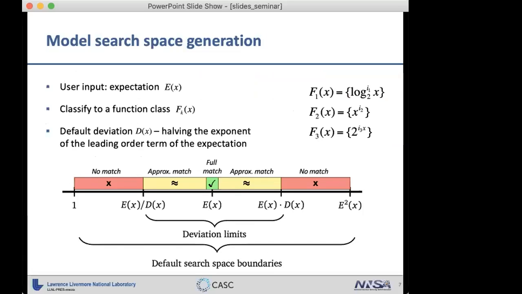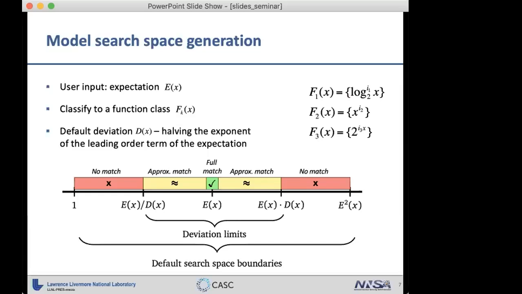And to be able to say whether we have a match or approximate match, we used a simple rule: given the expectation, we define limits for approximate match and limits for when there's no match.